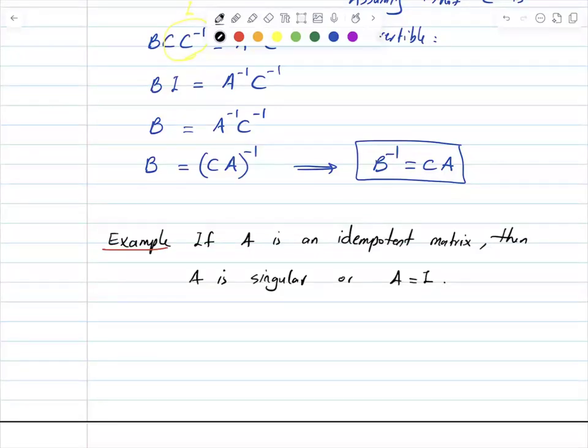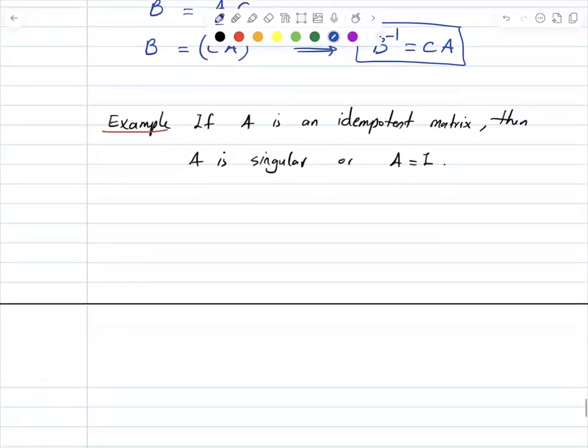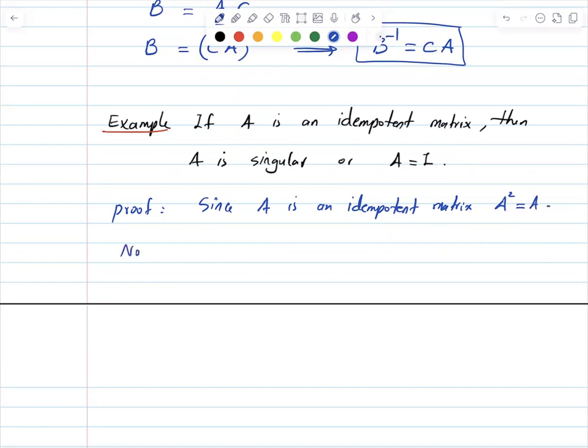Okay, let's begin. Proof. Since A is an idempotent matrix, it means that if you multiply A by itself, it is equal to A. Now, if A is invertible, the inverse of A exists, right?